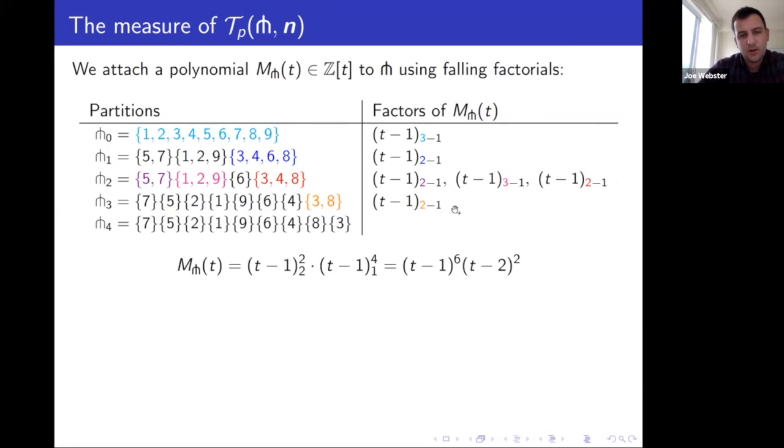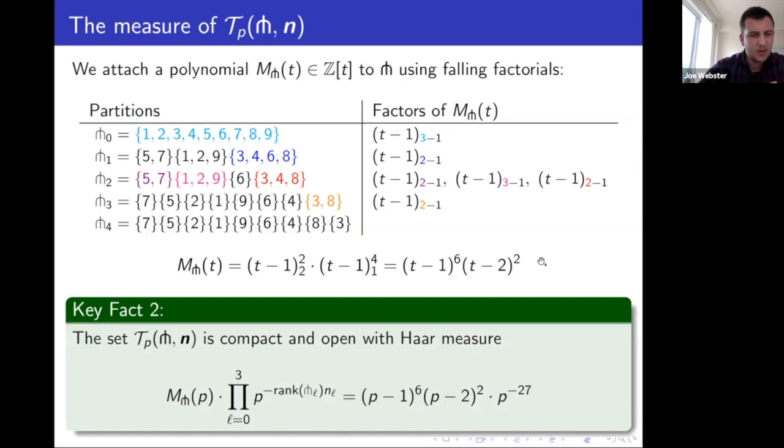And so we have all of our factors, we multiply them together, and we get what I call the multiplicity polynomial attached to this chain of partitions. So this is the explicit one from the example that we started with. The key fact too is that the measure, well, not only the measure, but this set happens to be very nice, compact and open.